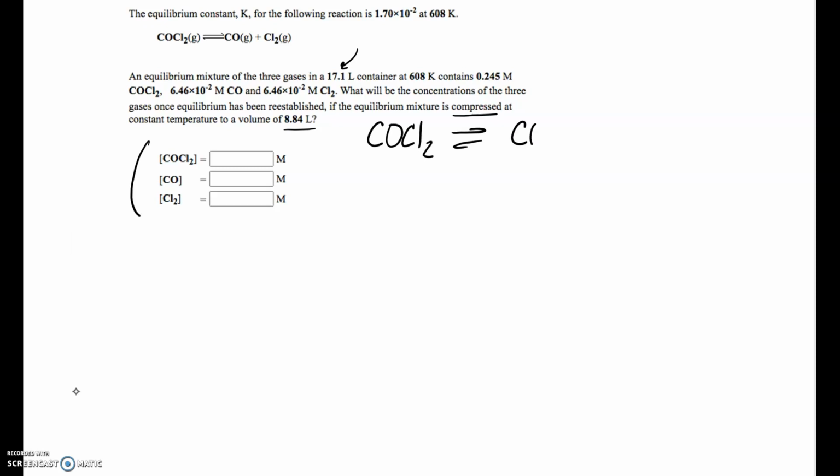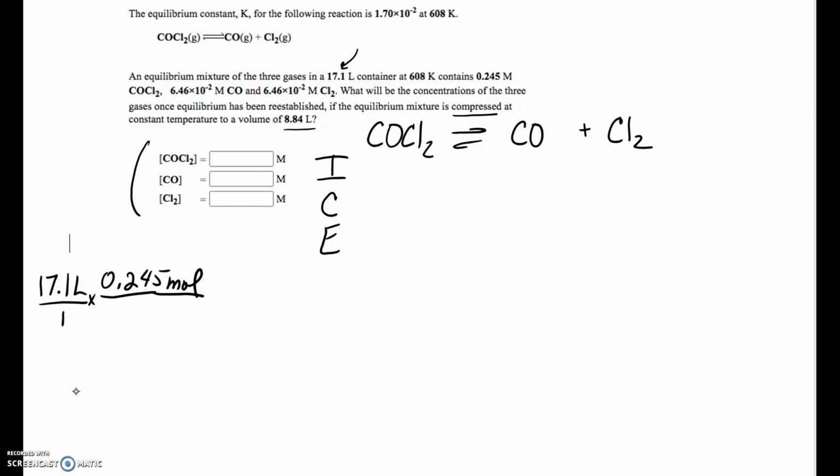The way we're going to go about this is we're going to take the molarity, and that's the big M, which is really mole per liter. If we take that molarity and multiply it by the volume, the 17.1 liters, the liters will cancel, and we'll end up with moles of each of these species. Something that's kind of hard to wrap your mind around is that the number of moles isn't going to change.